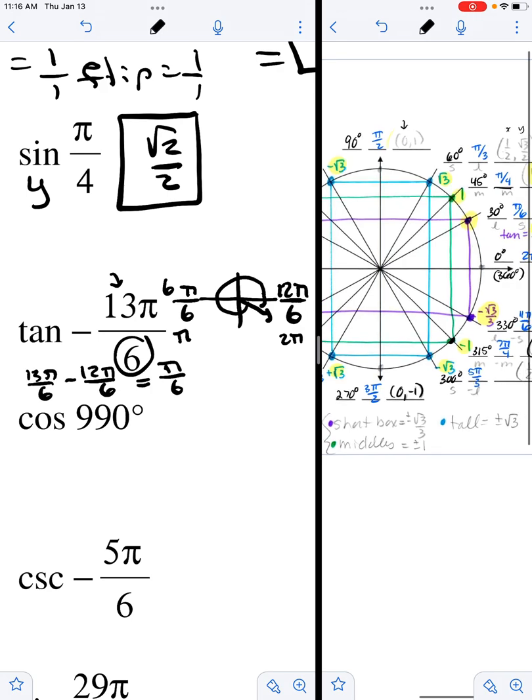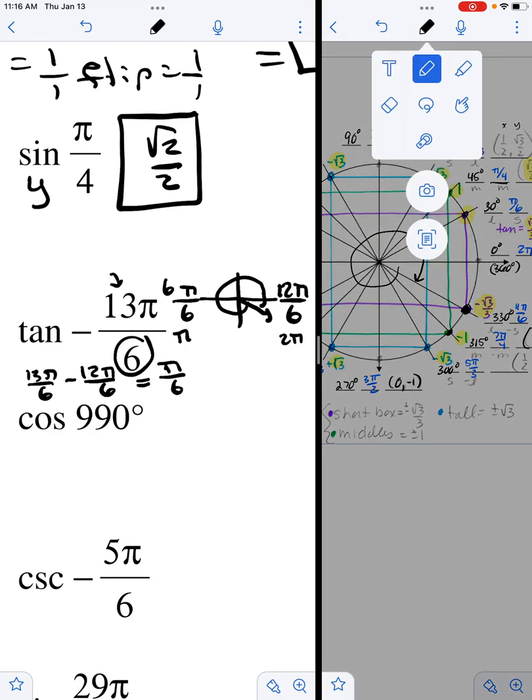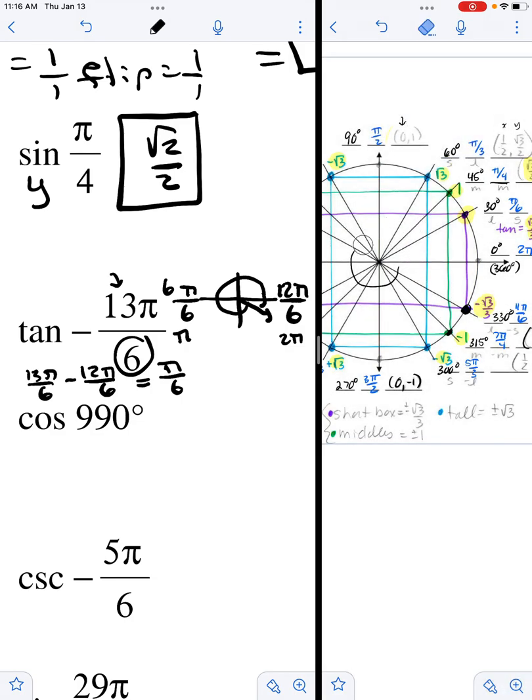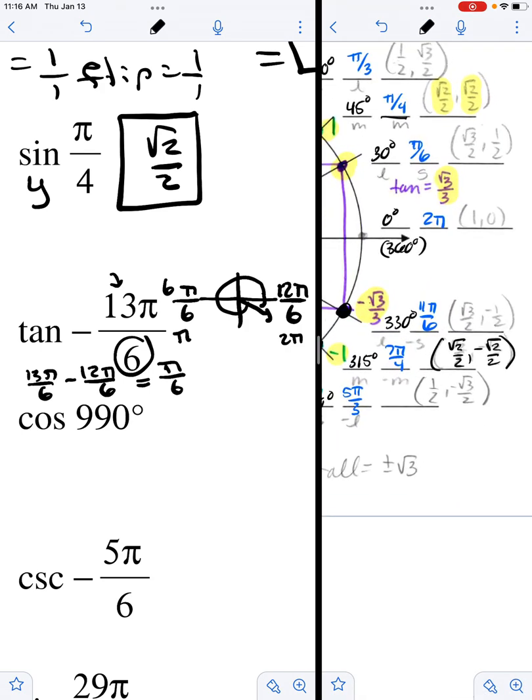So if I do that, I end up going all the way around and then 1 extra pi over 6, which puts me right here. Get rid of that for later. Okay, so I'm at this spot. And let me get rid of all this other stuff so there's room.